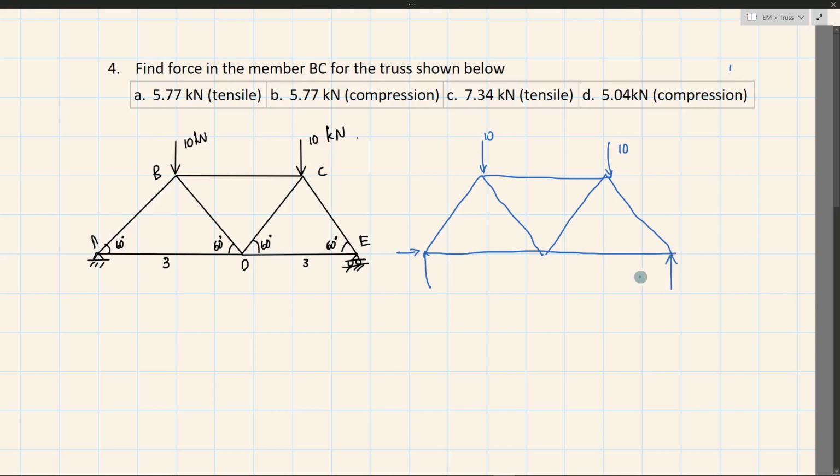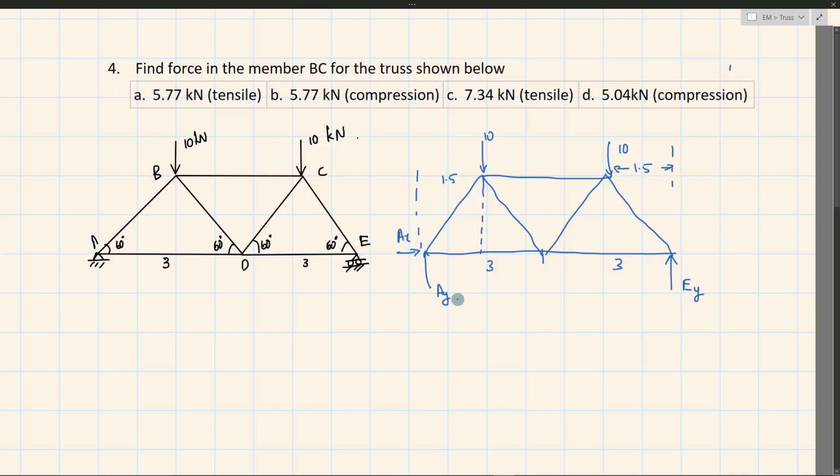Here I'll have only a vertical reactive force because I have a roller joint. So AX, AY, and this would be EY. The distance here is 3 and 3, so this distance is 1.5 and this distance is also 1.5, right?